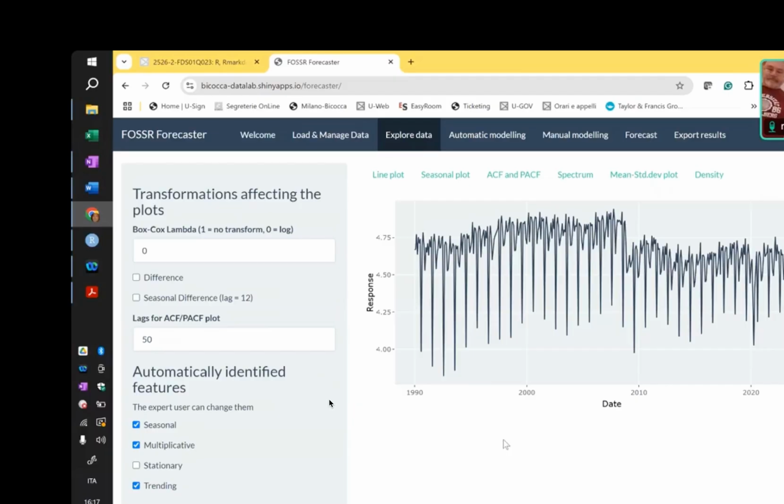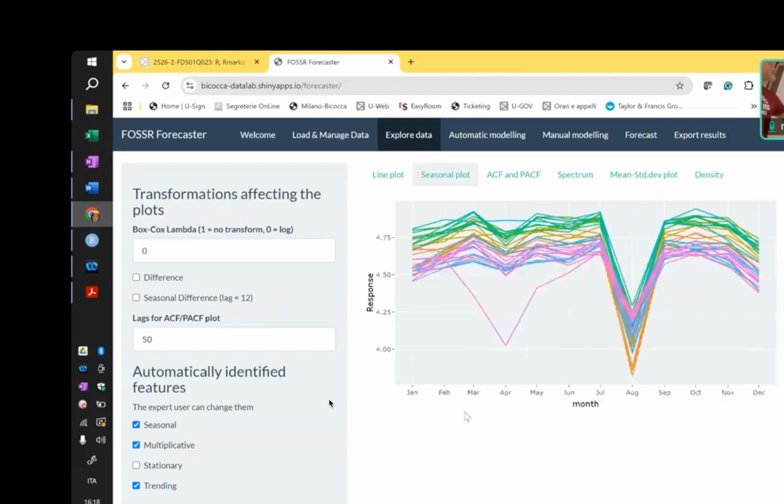And for this, as I told you, I also produced this kind of plot, which is called a seasonal plot. It's just a plot where you plot every year in the same scatter plot. So you have the months in this case on the x-axis and the value of the time series on the y-axis.